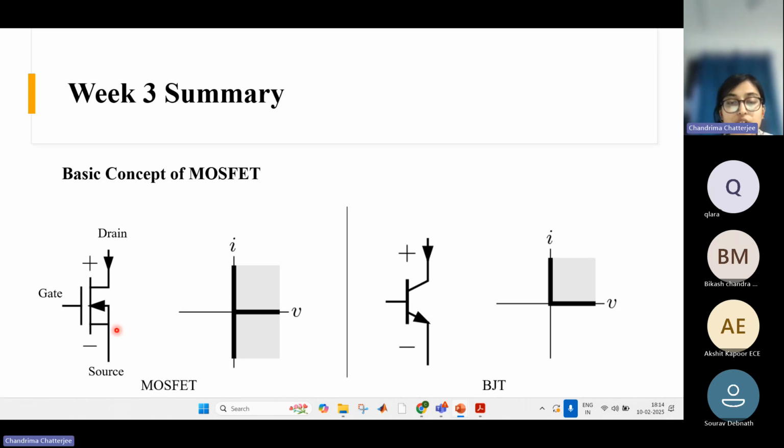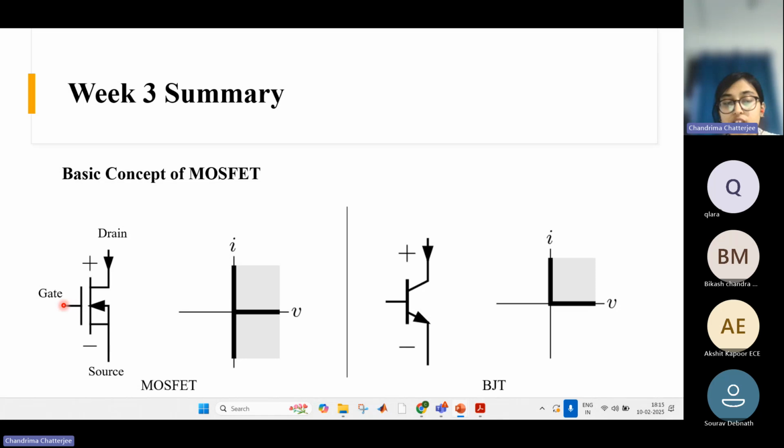How is it different? First of all, for BJT, this third terminal, this control terminal, which we called the base, is not insulated from the collector or emitter terminal. The base terminal is directly connected electrically with the collector and emitter terminals. But for MOSFET, if you look at the symbol, there is a gap between the gate terminal and the drain and source terminals, right? This gap symbolizes that the gate terminal is electrically insulated from the drain and source terminals.